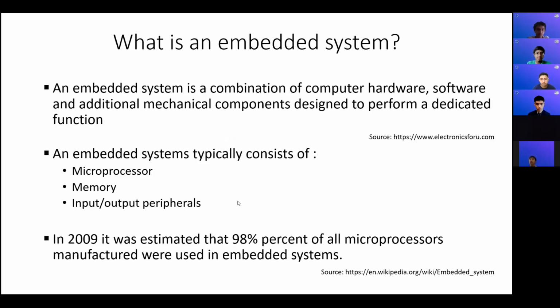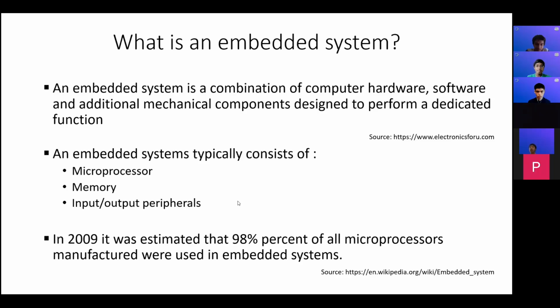So essentially, an embedded system is a combination of hardware, software, and some additional components specifically designed for a dedicated function. It combines a microprocessor just like any computer does.